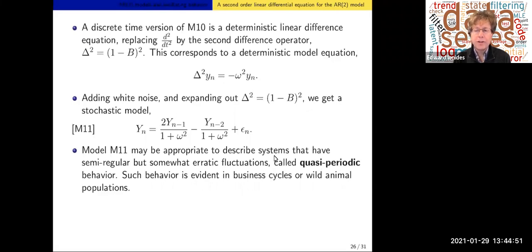Because of its relationship to oscillations, we might think it's appropriate for describing systems that have some semi-regular oscillatory behavior, but also have erratic fluctuations. These are sometimes called quasi-periodic behavior. And such behavior is evident in business cycles, wild animal populations, anything that cycles in a slightly unpredictable way.